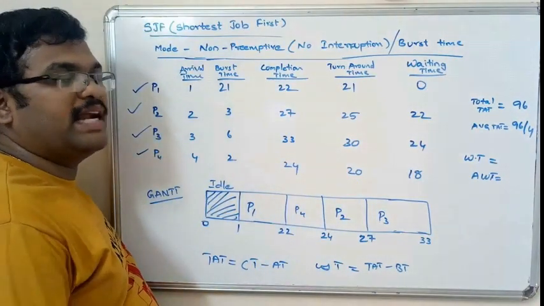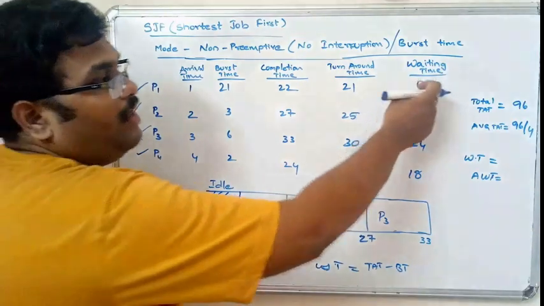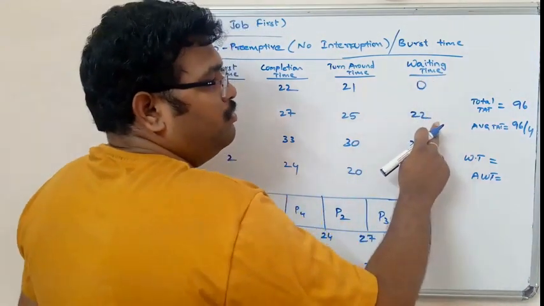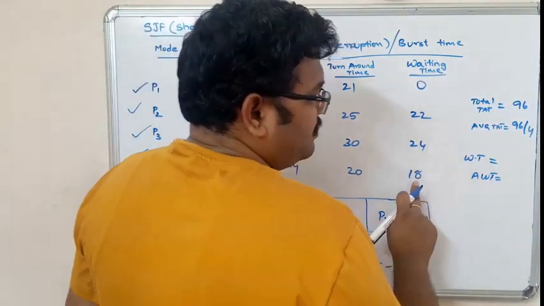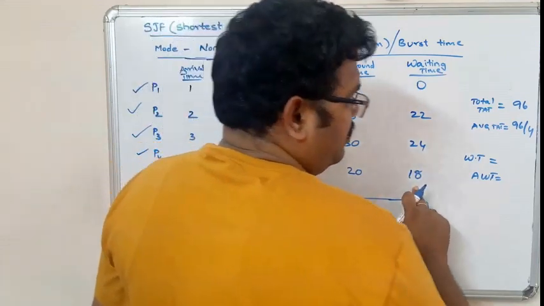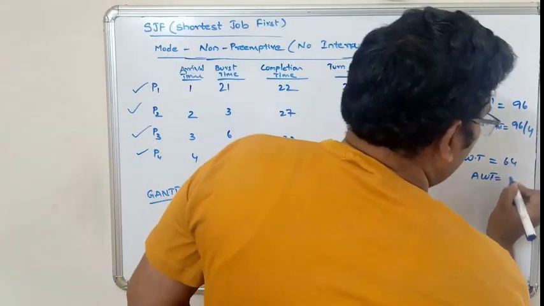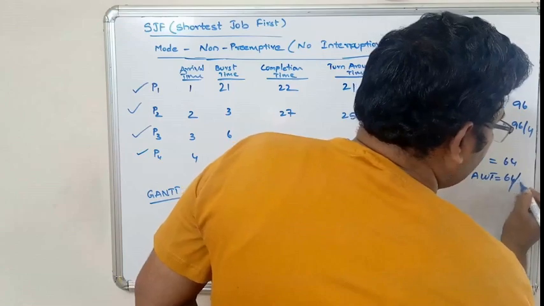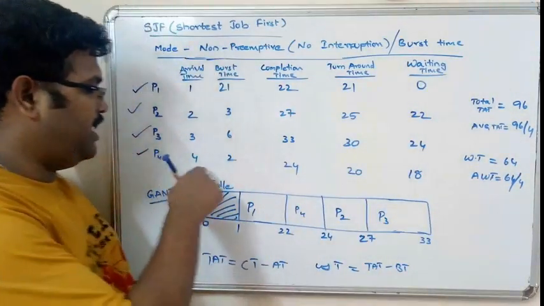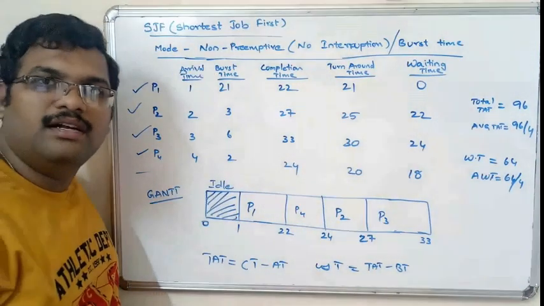The average turnaround time is 96 divided by 4. Waiting time: 22, 46, 46 and 64. Average waiting time is 64 by 4, as we have taken only 4 processes.